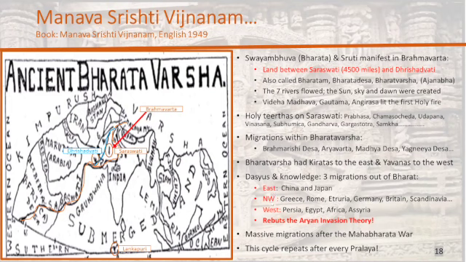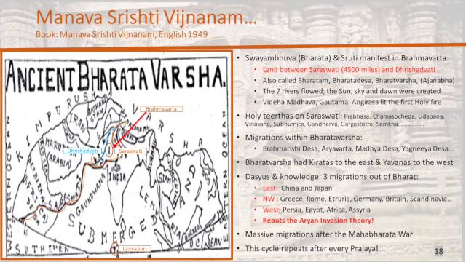There was one migration that went northwest from India, and those migrations sort of settled and colonized the areas of Greece, Rome, Europe, and Scandinavia. So that was the northwestern migration. And then there was one migration that went directly west, and that colonized Persia, what we know as Iran, Iraq, and all the way to Egypt and Africa and Assyria.